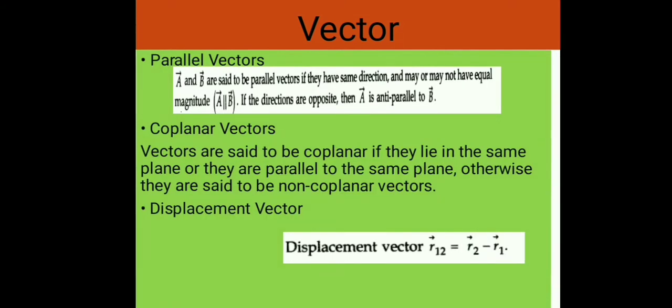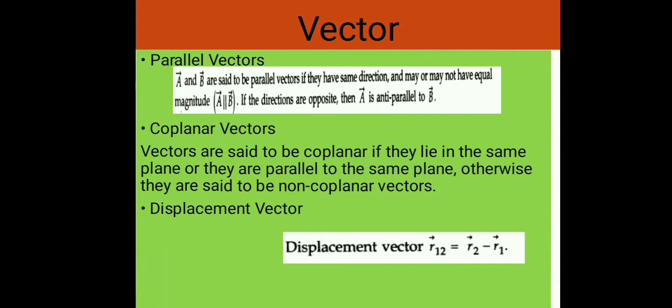Now parallel vectors. If a vector and b vector are said to be parallel vectors, then they have the same direction and may or may not have equal magnitude. It is not compulsory that the magnitude should be equal, but the direction must be the same. Then that type of vectors are known as parallel vectors.